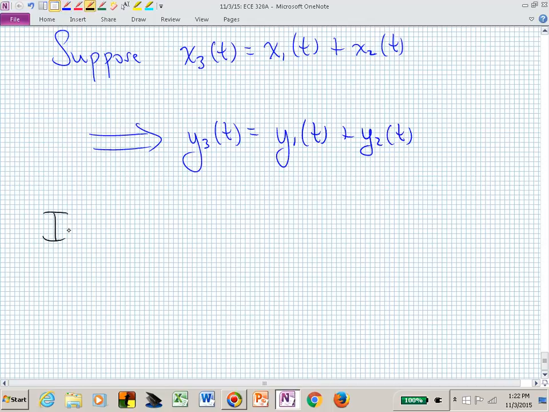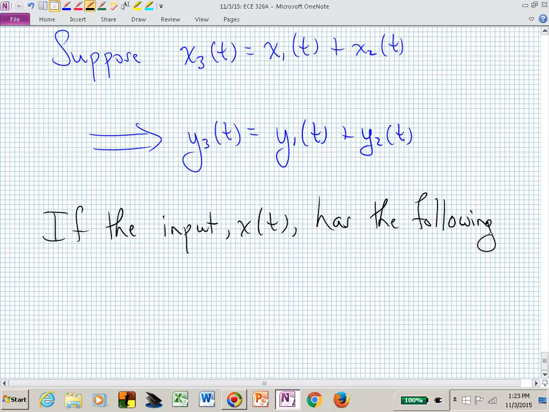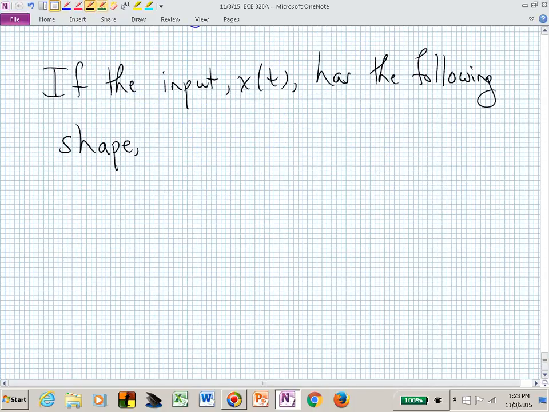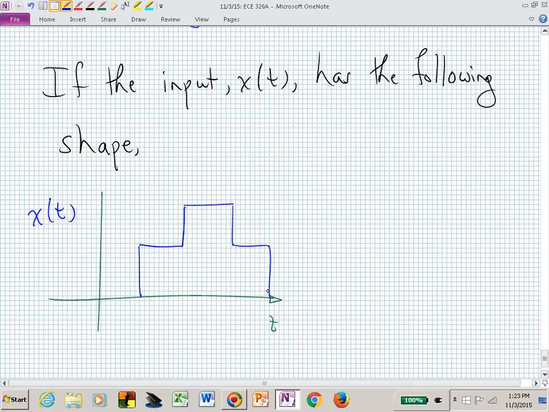Suppose now that the input, let's say x of t, has the following shape. Let me now take x of t to be that.